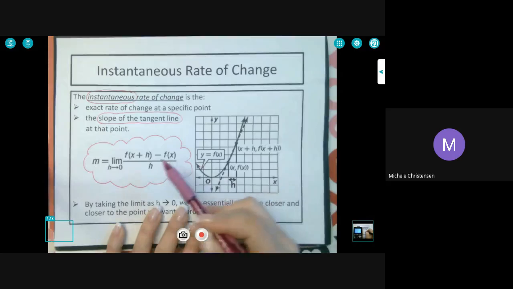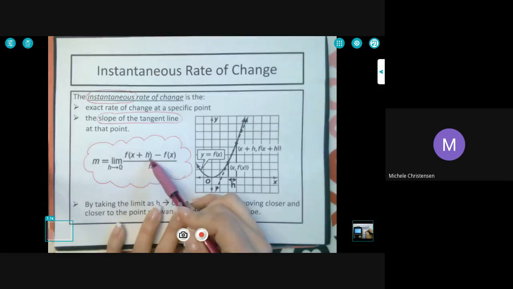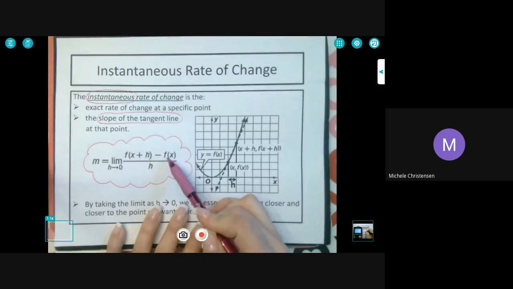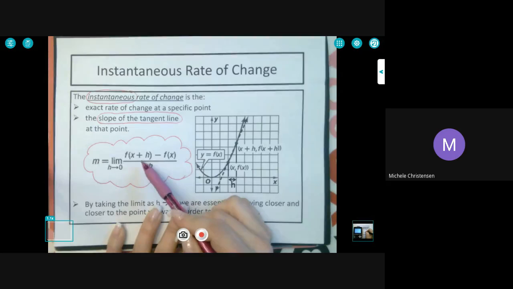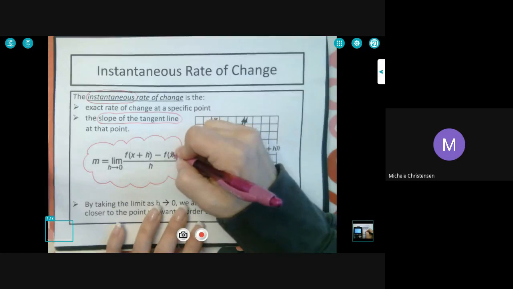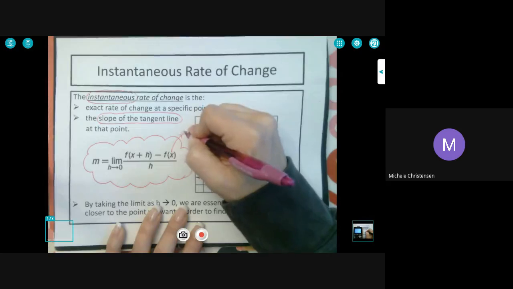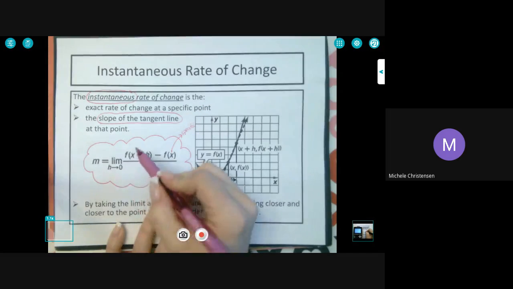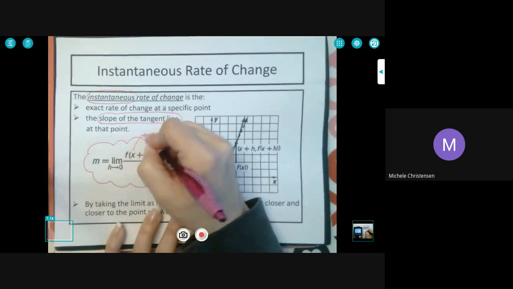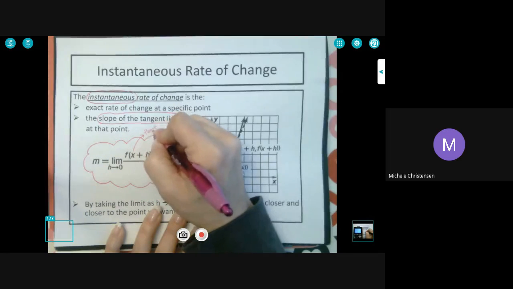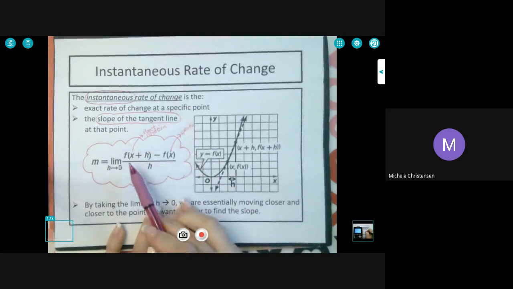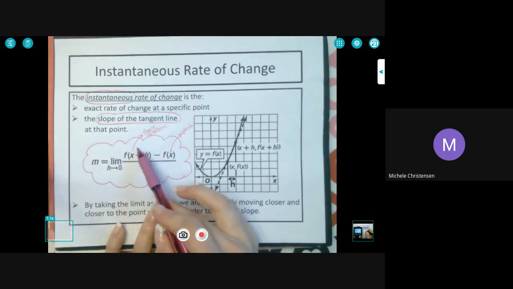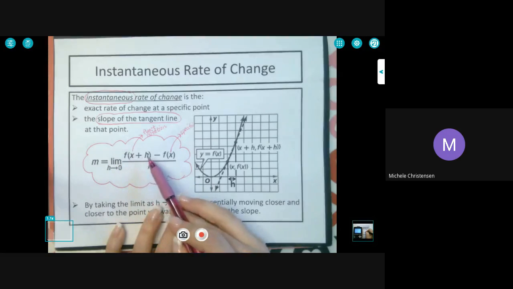This uses function notation. That's what f of x is, and f of x plus h. So we're plugging our specific x value into the function, and then we're using the y values, the output, in the limit notation here to replace f of x plus h and f of x.